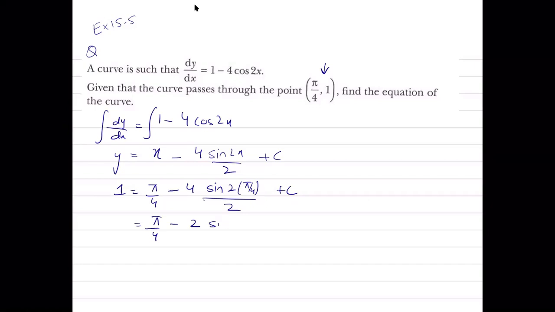Sine pi by 2 is 1. So the value of c comes out to be 3 minus pi by 4. That is 12 minus pi by 4.